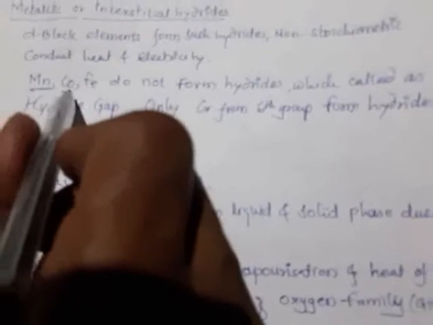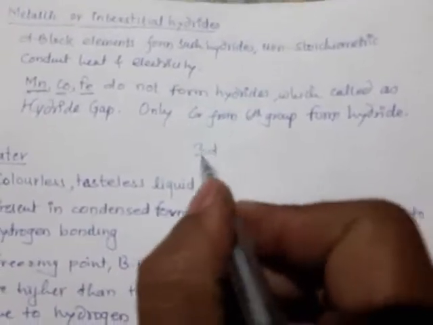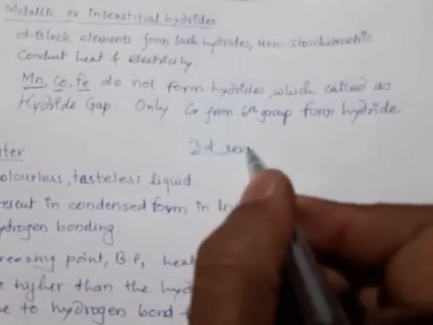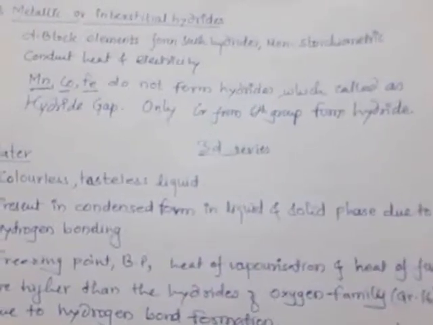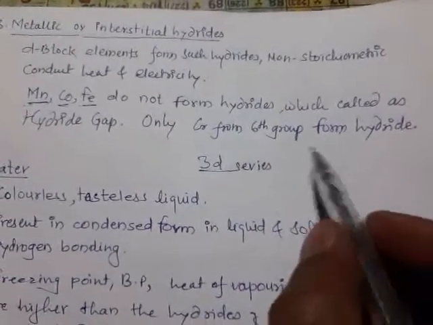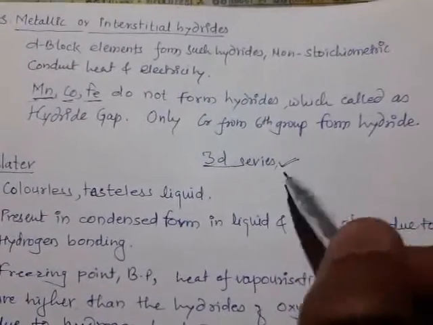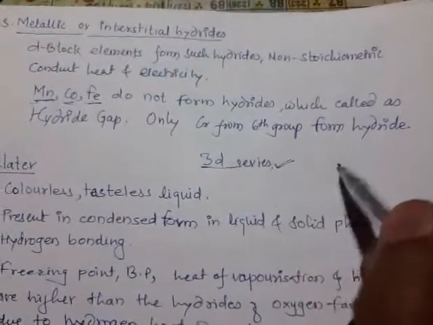If we talk about the D block elements, Mn, manganese, then cobalt and iron, these three elements from the 3D series are not going to form any hydrides.